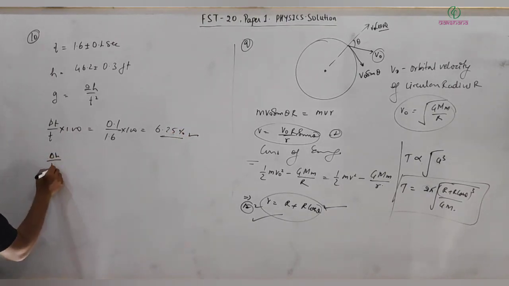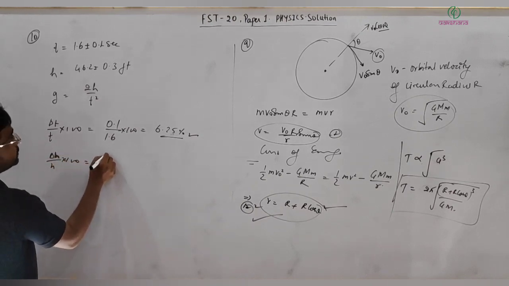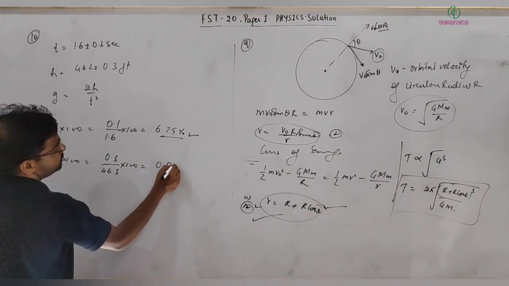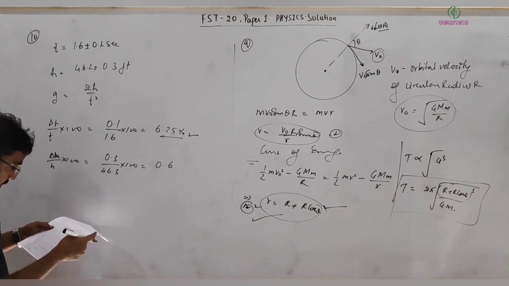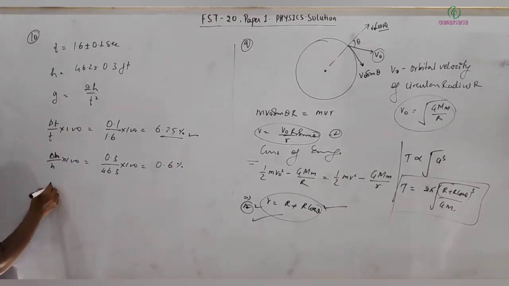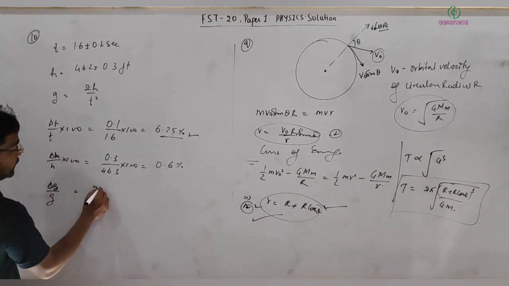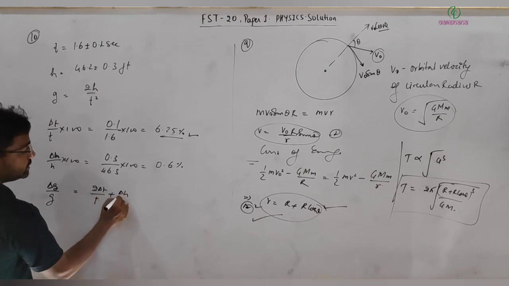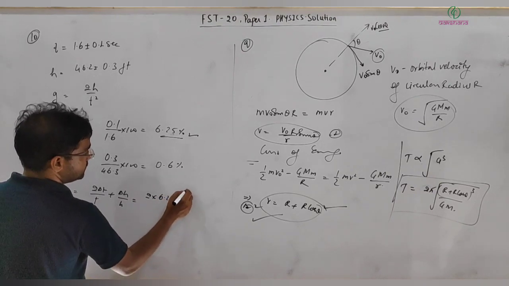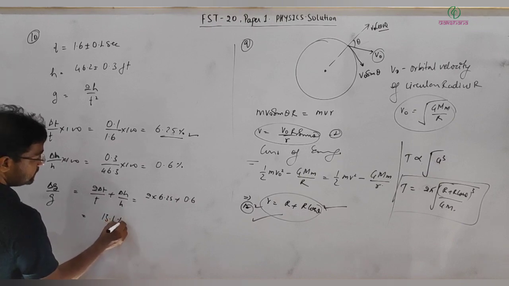Delta H divided by H into 100 will be 0.3 divided by 46.3 multiplied by 100, which comes to 0.6 percent. Then delta G divided by G, by taking log, will be equal to 2 delta T divided by T plus delta H divided by H, that is 2 into 6.25 plus 0.6, and this comes out to be 13.1 percent.